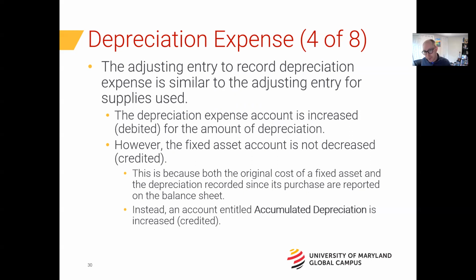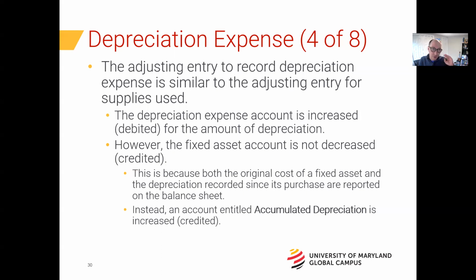Depreciation expense will increase up until the full value of the asset is allocated to depreciation, and at that point, we remove the asset from our books. So up until the dump truck reaches $25,000 of depreciation expense, then I would remove the asset from my books, because it can't depreciate more than its value.